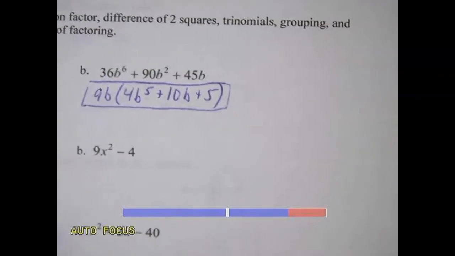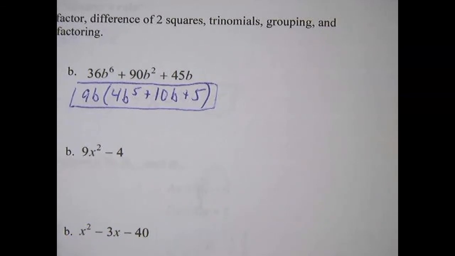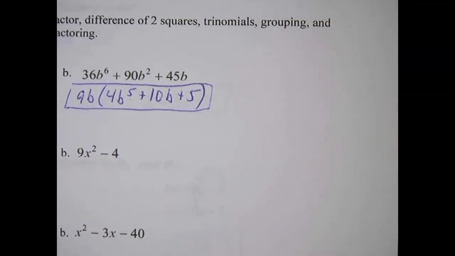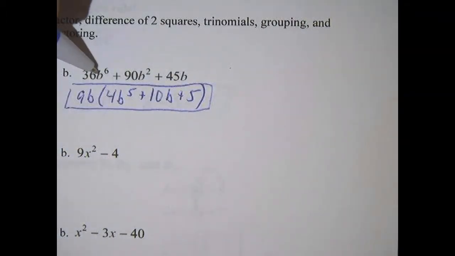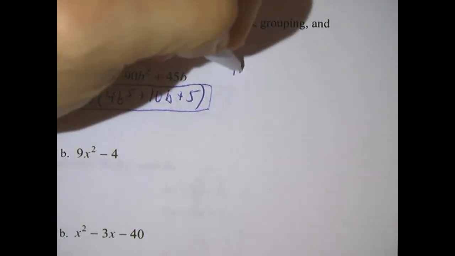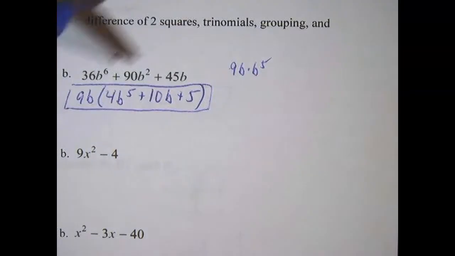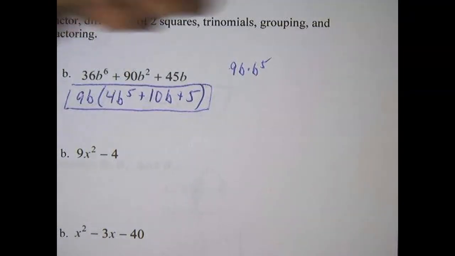Now, since this is a review, I'm just going to think this through with you guys. Once you recognize what the GCF is, you can rewrite this like this. This is 9b times b to the 5th. This is 9b times 10b.